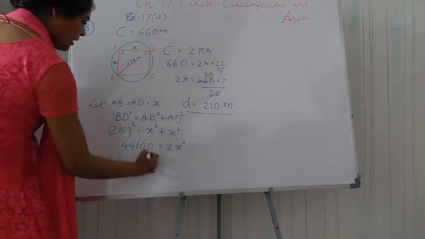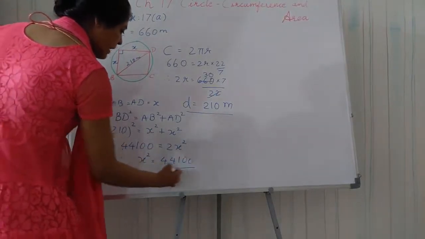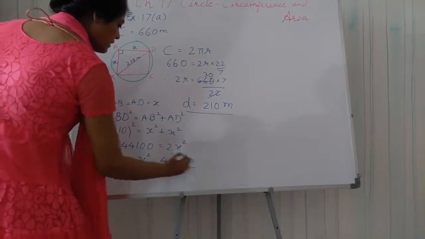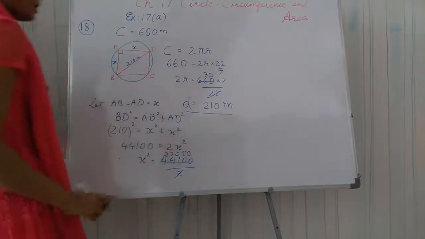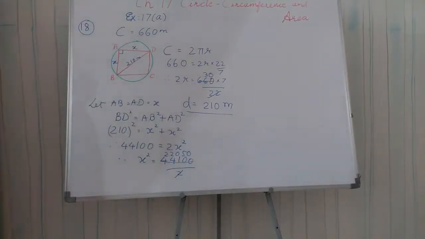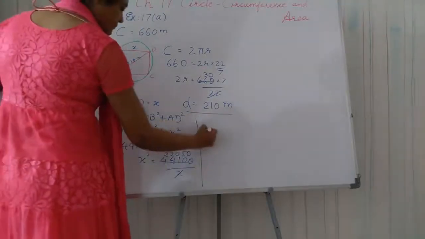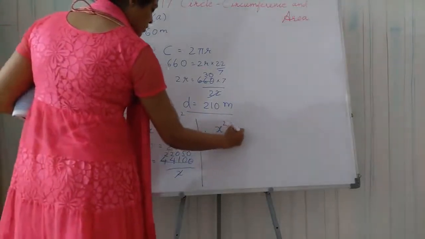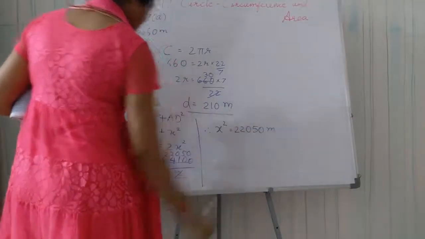Therefore, x square is equal to 44100 divided by 2. It means here we get 22050. So now this is nothing but x square. x square is equal to 22050 meters square.